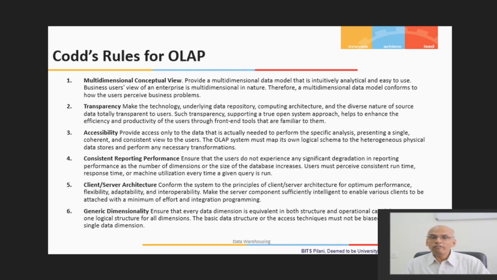Now if the OLAP product hasn't done enough groundwork, whenever the knowledge worker is analyzing the product-wise data, it is going to be much slower than when they are analyzing the store-wise data. So it is necessary that the information is prepared and pre-computed if required and stored in such a way that the reporting performance is largely consistent.